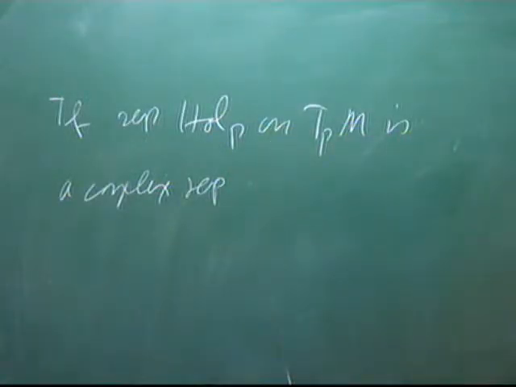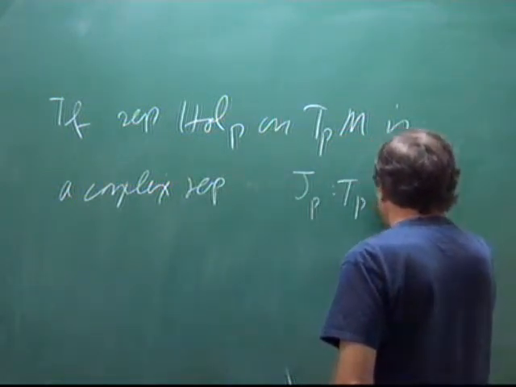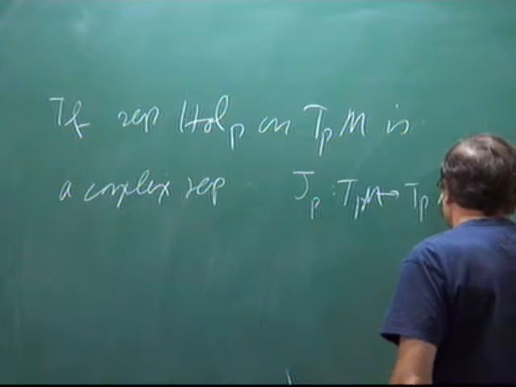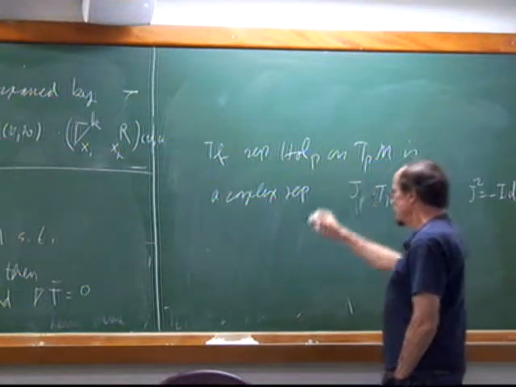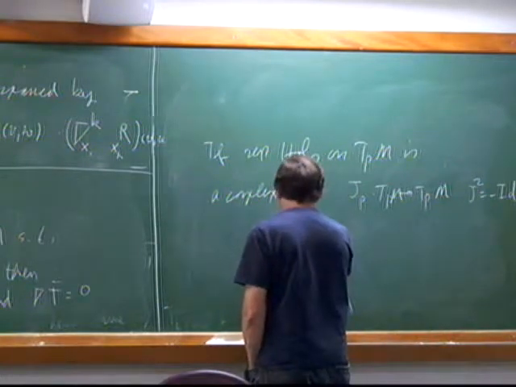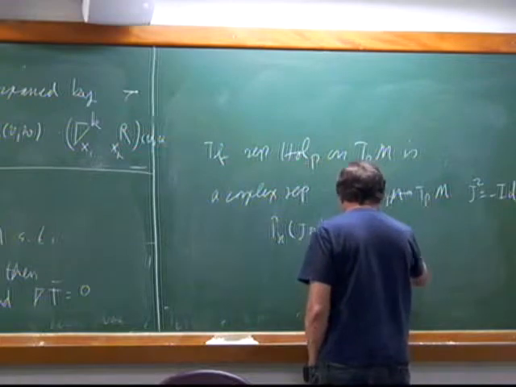That this is a complex structure. So we have a J_p from T_pM to T_pM, with J squared equal to minus identity. And of course, the action phi_p(gamma) applied to JV is complex linear in this sense.